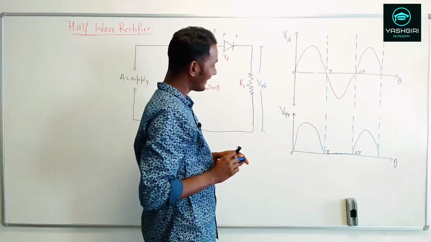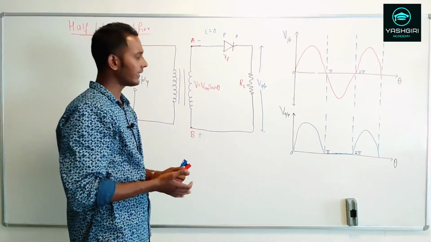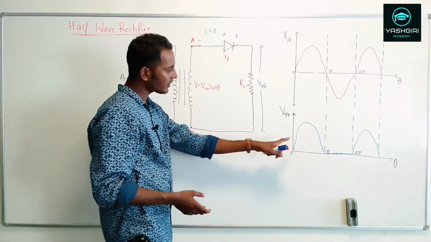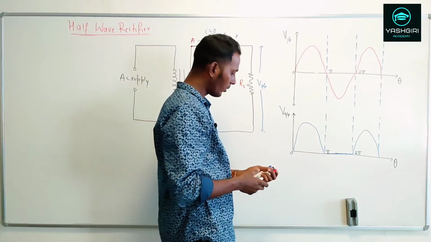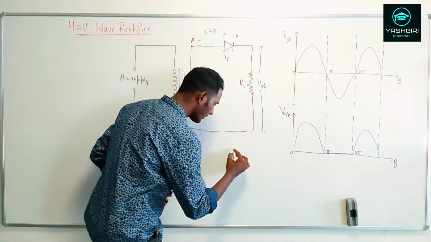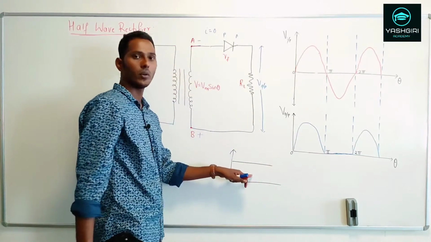Now the main disadvantage. I said anything that is converting AC to DC we call a rectifier circuit. Now here this is not a pure DC. Pure DC is something like a flat line, right? So we are interested in a flat line like this. This is called a pure DC.